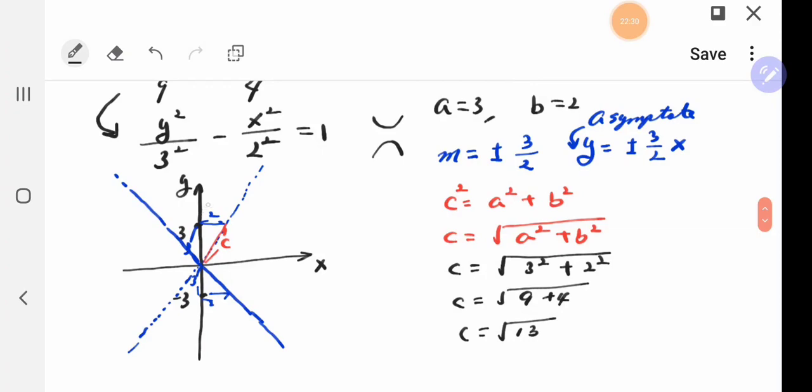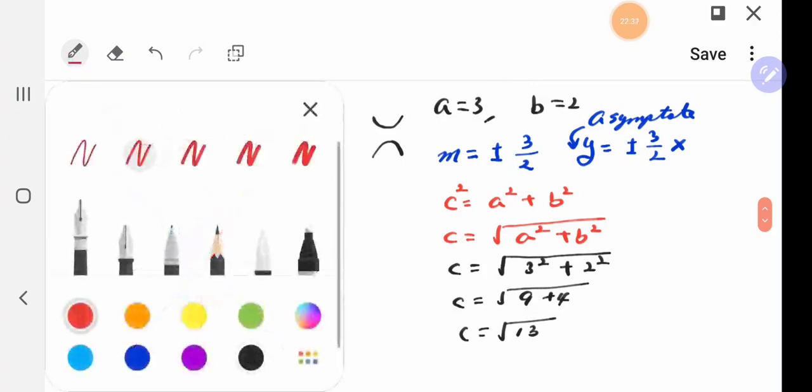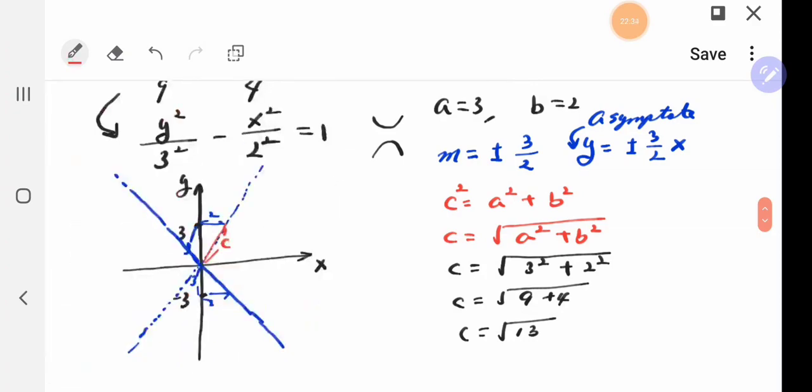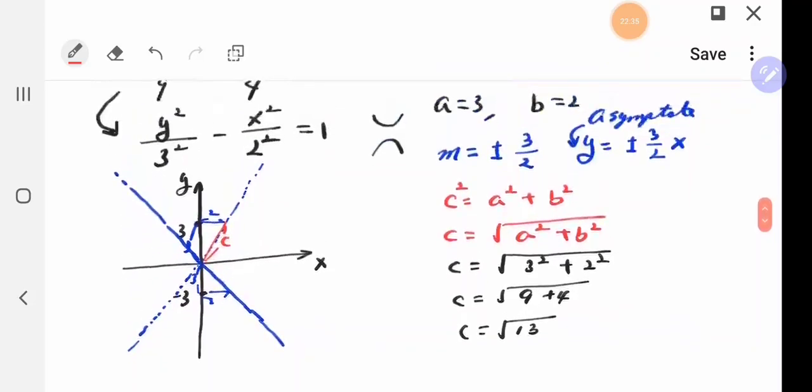Then the focus should be square root of 13 and negative square root of 13. So let's say this part is the focus, square root of 13, and this part is negative square root of 13. So the graph looks like this.